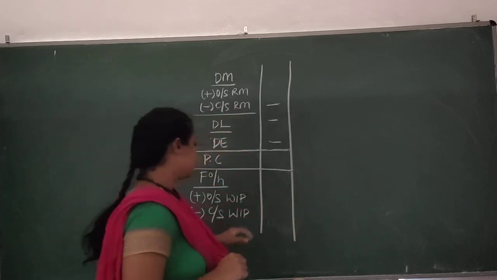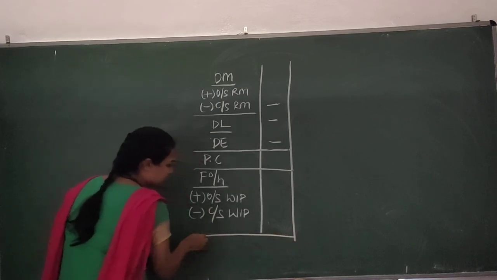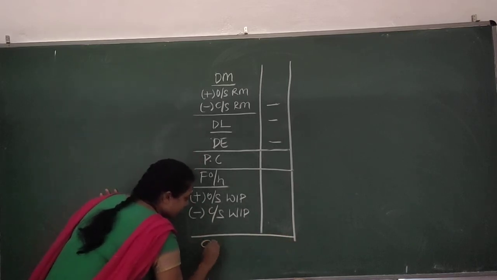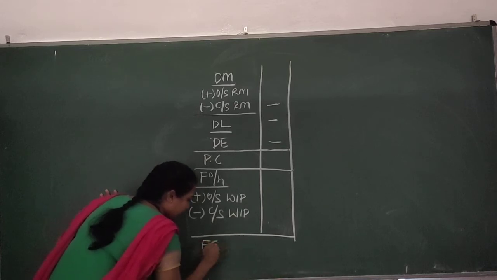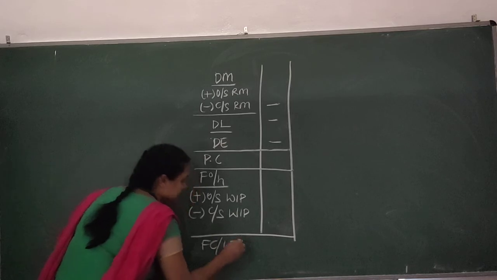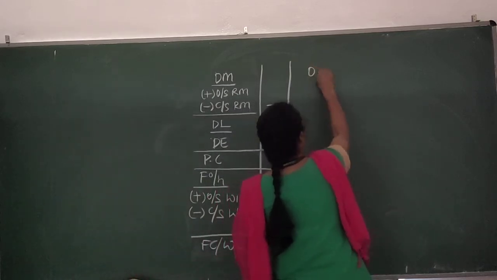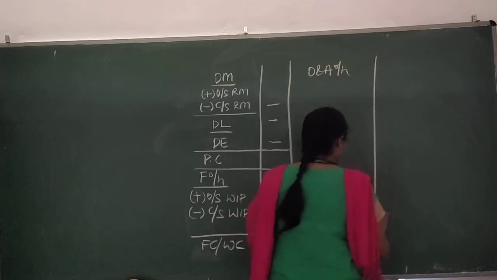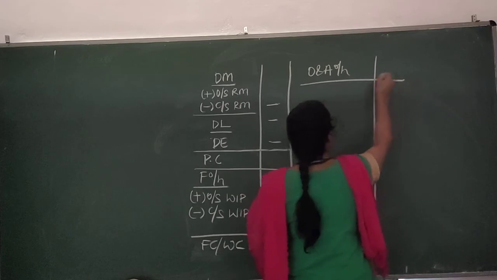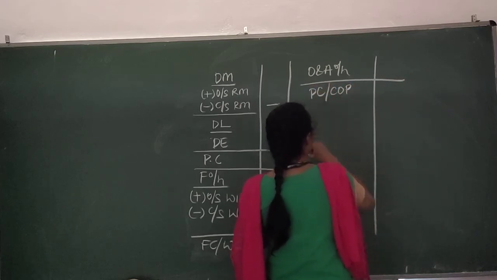So this total is called factory cost or works cost. Then you add administration overhead, where the total is called production cost or cost of production.